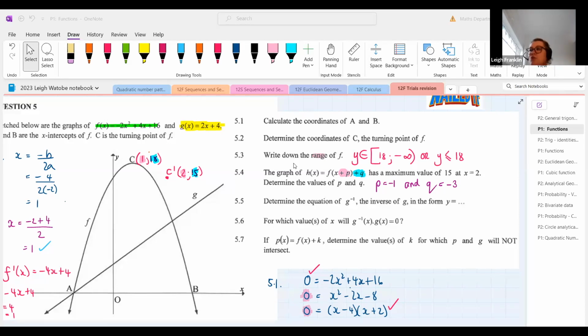Where you would exclude a value, for example, would be if there was an asymptote, which in this case there wasn't, or if they said to you, for which values is X increasing or strictly increasing, then you wouldn't include the X coordinate at the turning point. So it's because of the question that they're asking. That's how we know that we're supposed to include. So all range questions will include. Yes, ma'am, I understand.